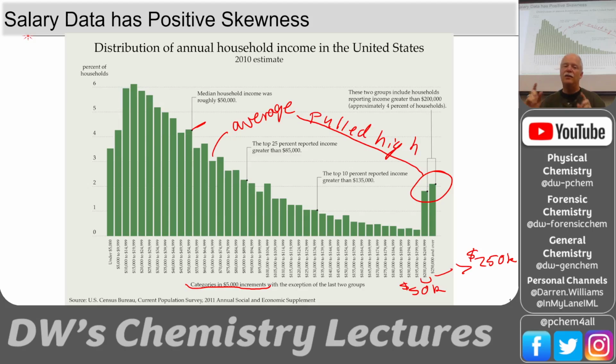Okay. Now there's another one on here too. What's the highest peak called? Do y'all know what that is? Mode. Very good. All right. Get a sticker. I'll get you one later. Okay. So this is the mode, and that's the most probable.